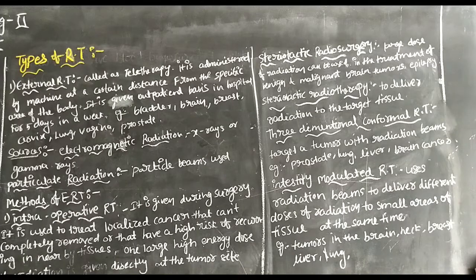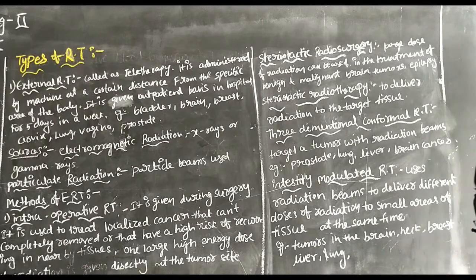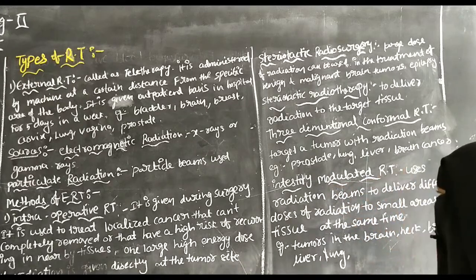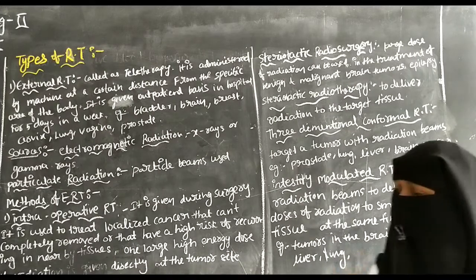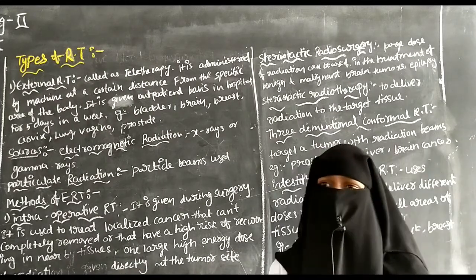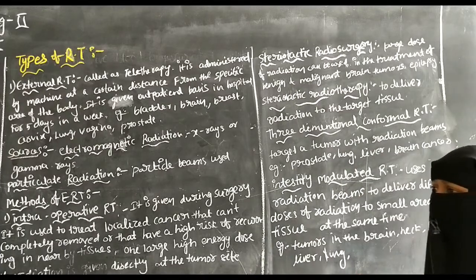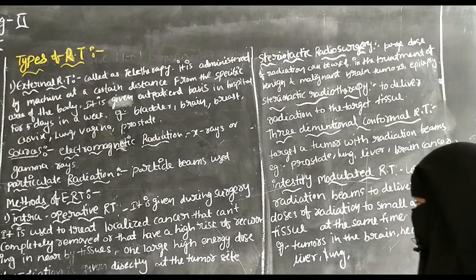It uses radiation beams to deliver different doses of radiation to small areas of tissue at the same time. In intensity modulated radiation therapy, the radiation beams can be delivered in different doses. So different doses of radiation are administered to small areas of tissue at the same time.